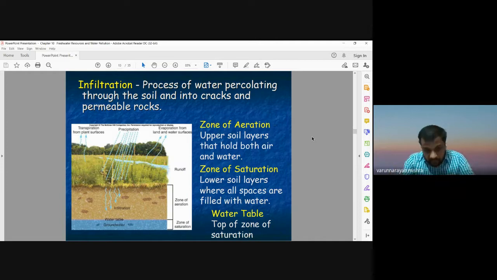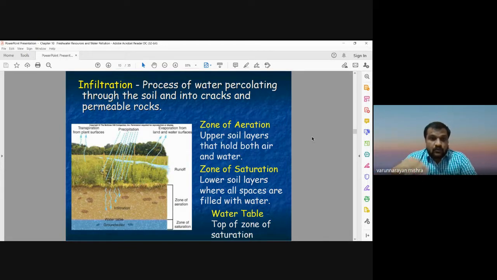So water will be infiltrated into the ground and stored as underground water in the aquifers. This is the infiltration process. Infiltration is very important. If we have soil or rock with a high infiltration rate, it means in that area there may be a good amount of underground water, a good water table under the earth.